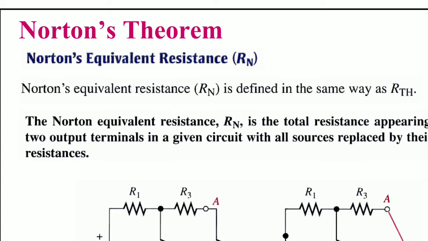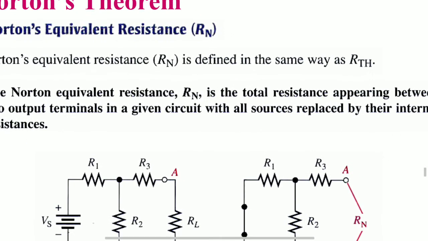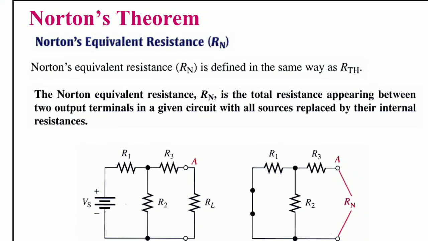Here the Norton's equivalent resistance Rn is the total resistance appearing at the output terminals in a given circuit with all sources replaced by their internal resistance.